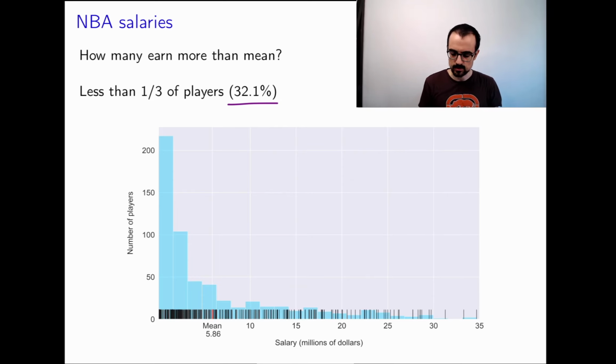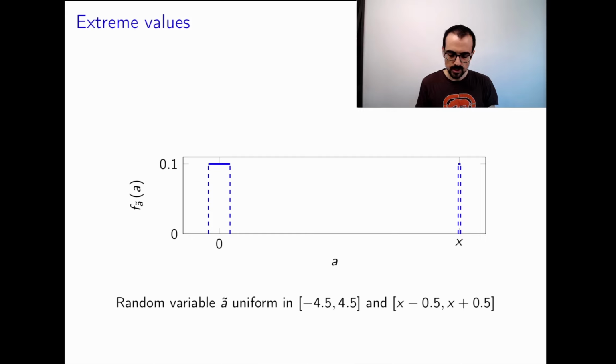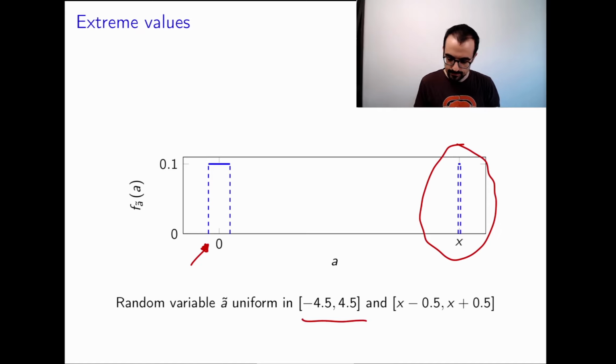In order to understand why this is happening, we're going to look at a simplified example where we have a random variable that has some extreme values here. Most of the density of the random variable is here between minus 4.5 and 4.5, but there's a little bit of the density here between x minus 0.5 and x plus 0.5. The important part to realize is that this is centered around 0.